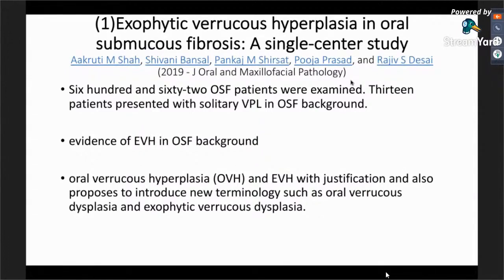But in their cases, all their cases of OSF do not have dysplasia. So they actually proposed that there will be another two names, which is oral verrucous dysplasia for the flat lesions and exophytic verrucous dysplasia.